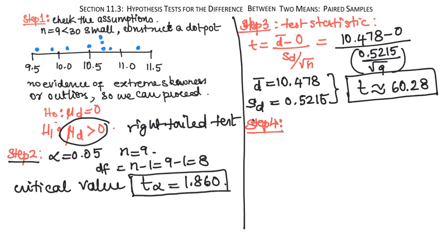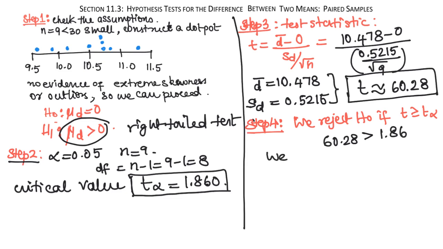So now compare t and t alpha. For a right tail test, we reject H0 if t is greater than or equal to t alpha. So here t is actually 60.28, which is greater than 1.86.